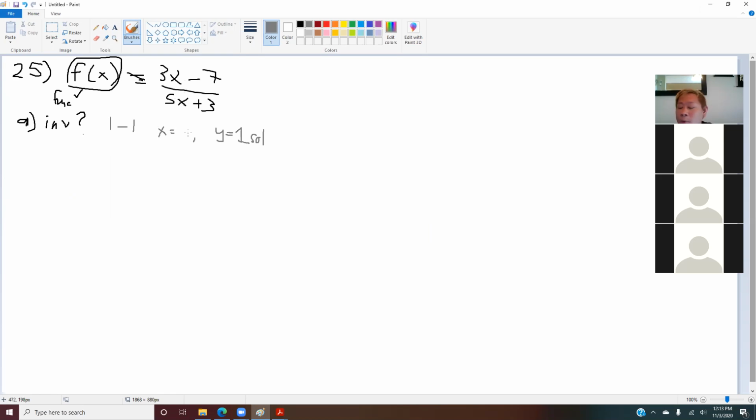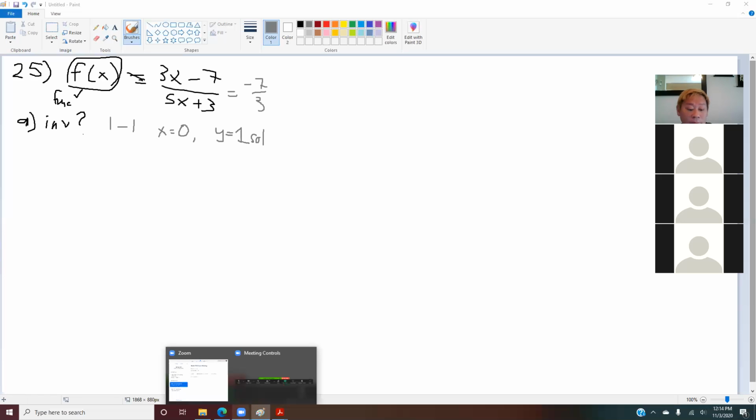So can someone tell me what number we should plug in here? Any number you want. Anyone want to plug in a number here? Yep, 0. Okay, we plug in 0, any number you want. Plug 0 in here. What you get is negative 7 over 3. Do you have one answer or more than one answer? Just one answer.